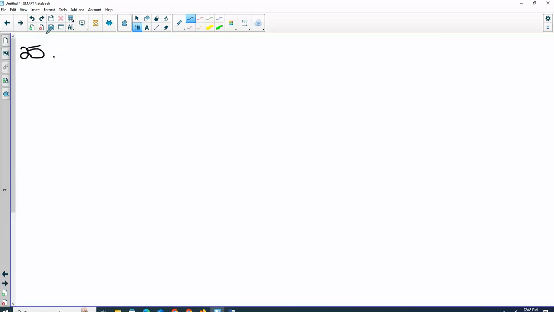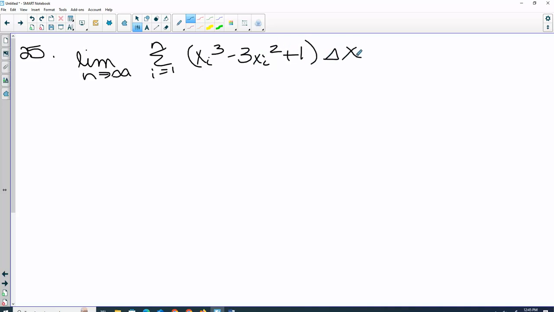Okay. So 25, we are just trying to turn this expression into an integral. Alright, so this limit of the sum gets turned into our integral.